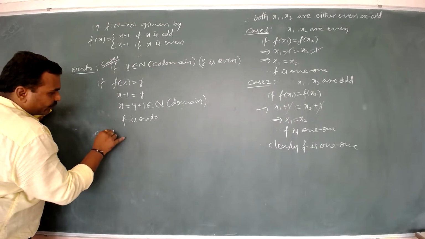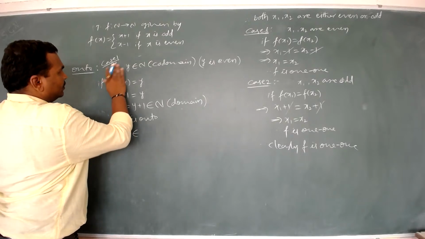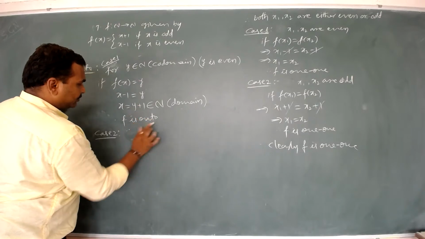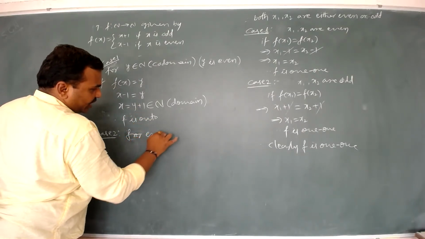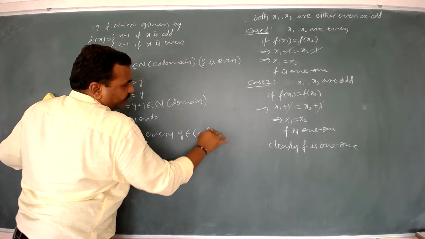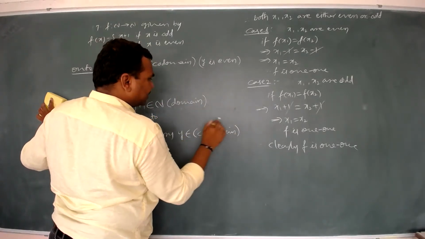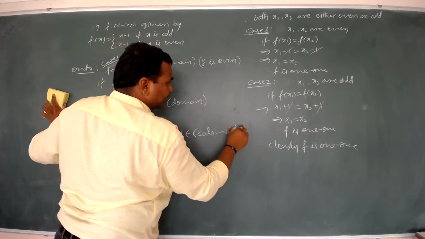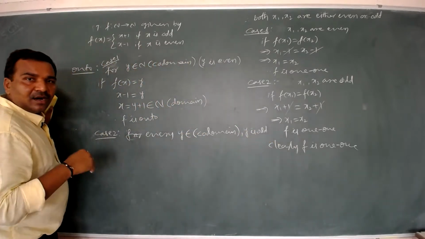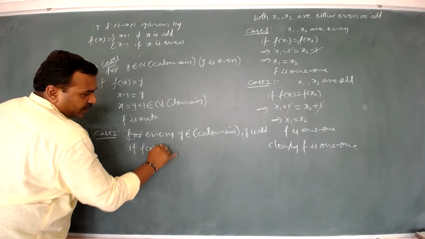Case 2. For every y belongs to codomain. Here the codomain is the natural number set, no? So the natural number may be even or odd. The even case we proved already. Now y is odd. I'm selecting y as odd. So if possible, f of x equal to y.